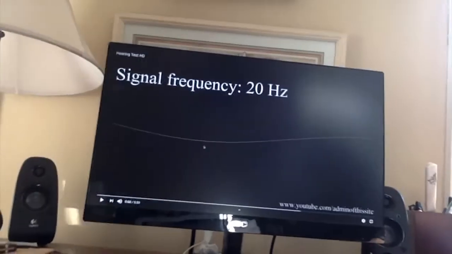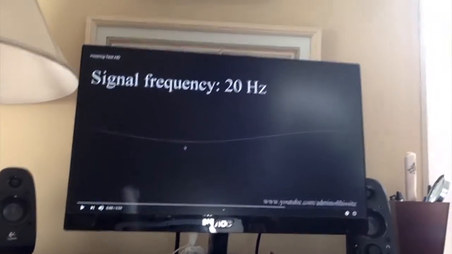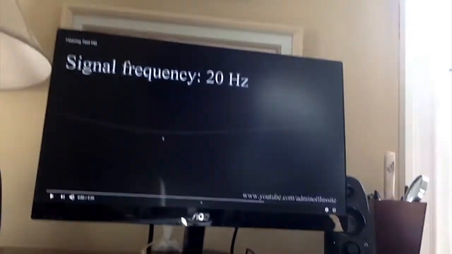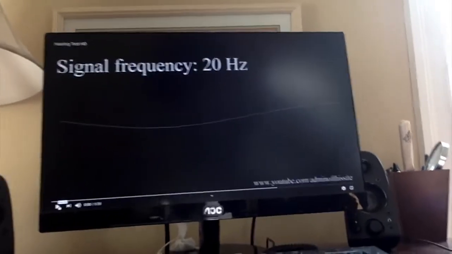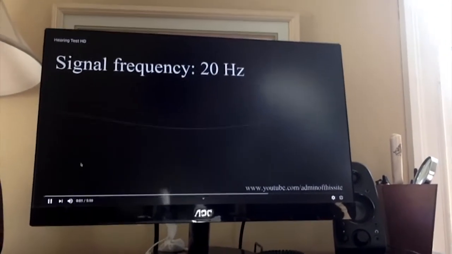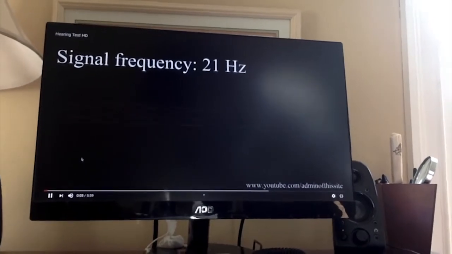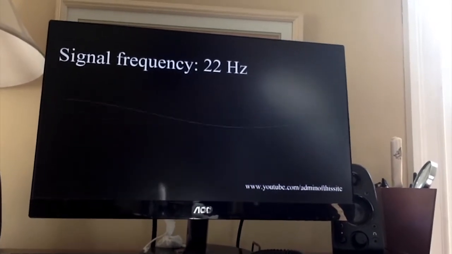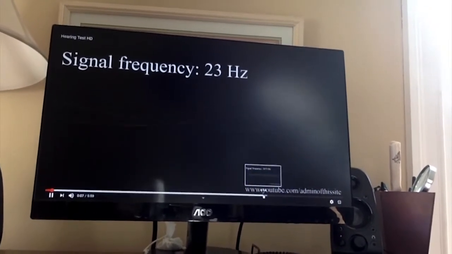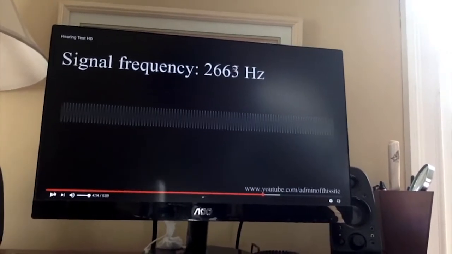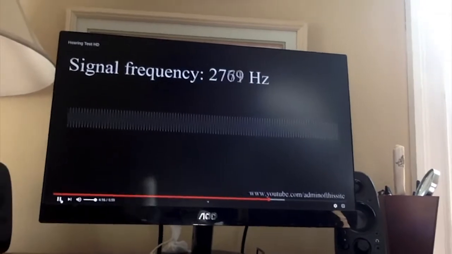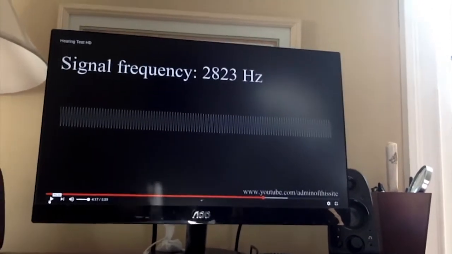So I have a subwoofer hooked up to my computer, and I'm playing this frequency scale here. This is just a video on YouTube. Beginning at very low frequency, you can see it slowly scales up in frequency until it gets very high.